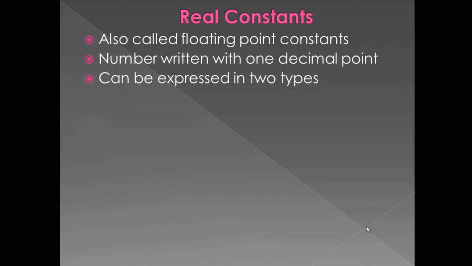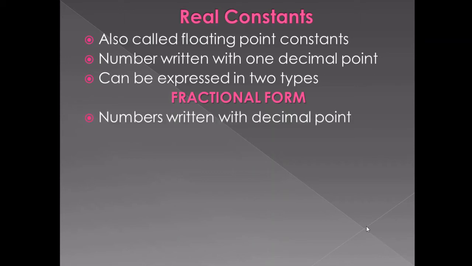So it can be expressed in two types, as we saw in the classification. It can be in the fractional form, or it can be in the exponential form. What is a fractional form of real constant? These are numbers written with a decimal point only, no exponential part.